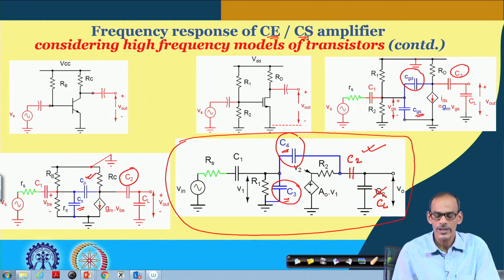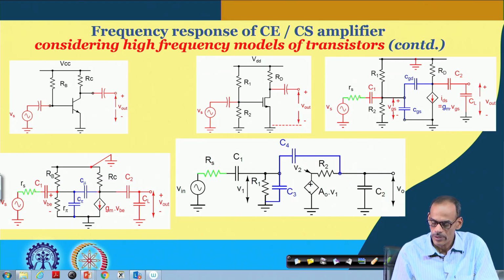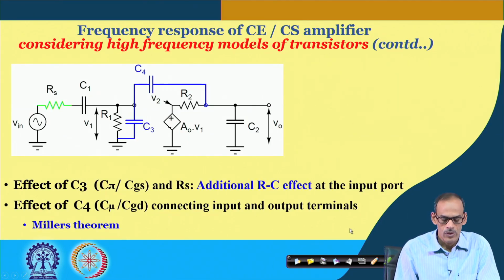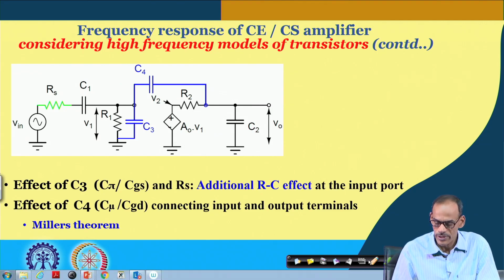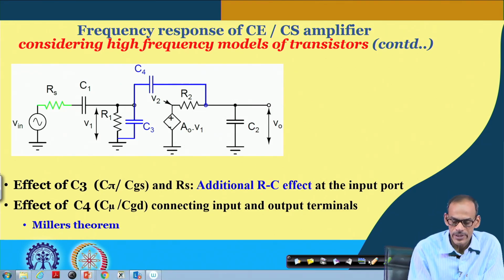So, to analyze this circuit, let us see what additional things we have to do. If you see carefully in this circuit, as I said, I have repeated this mistake. We should have C2 here and then this should be CL.